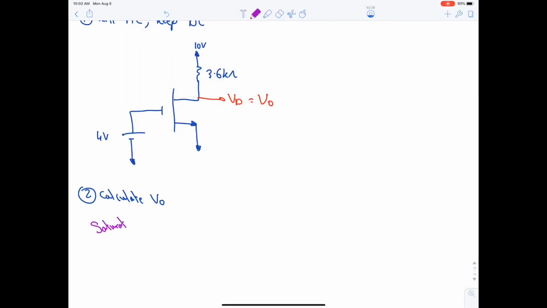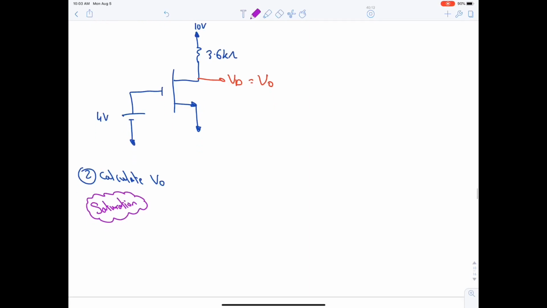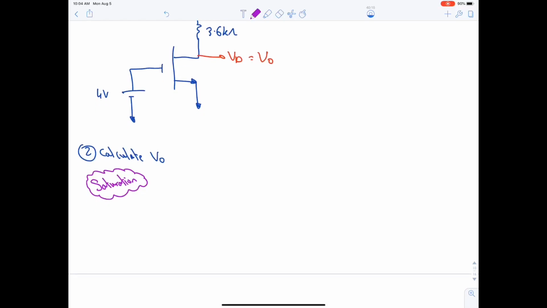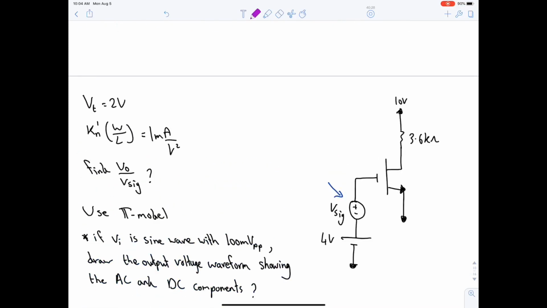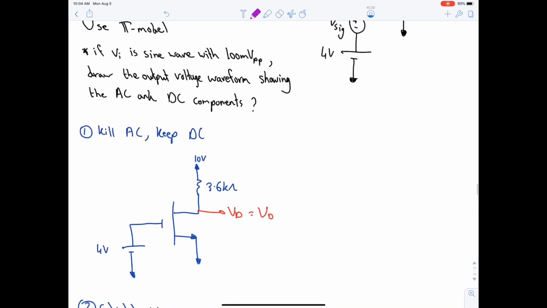There's no need to check or assume. Okay. Then what can we do? We can utilize the ID equation Kn prime W over L VOV squared. What's ID? No, we do not have ID.